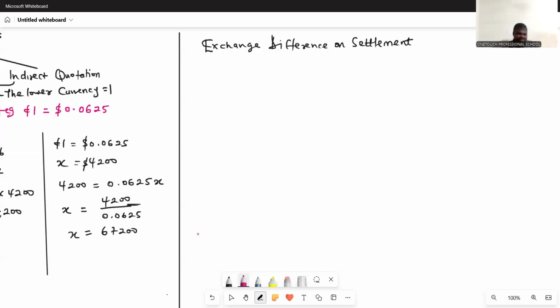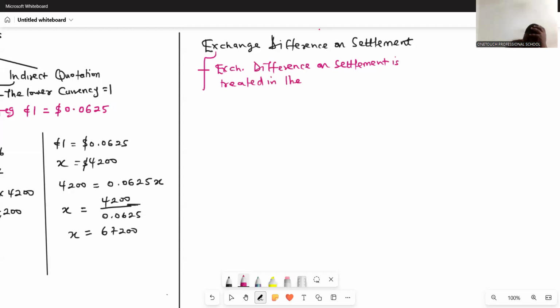Exchange difference on settlement is treated in the profit or loss account.